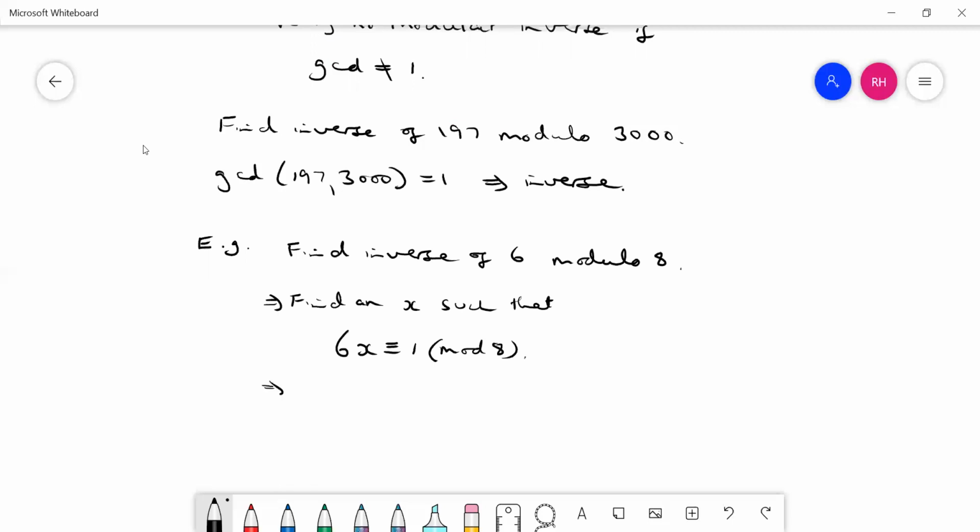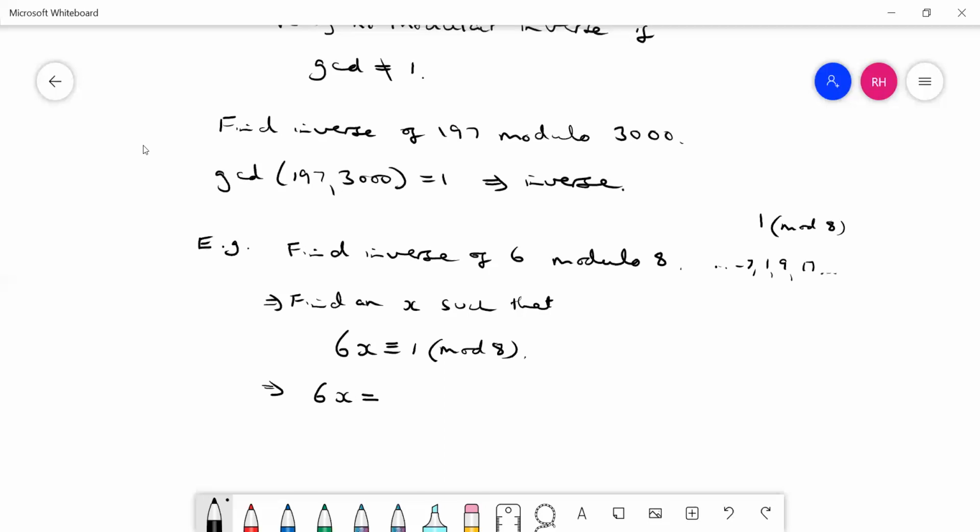One way to look at it is 6x stays, but I'll get rid of the modulo environment. And what does it mean for 1 modulo 8? Well, that's the numbers 1 and 9, and 9 plus 8, 17. And if you go back, you'll get -7, and so on.